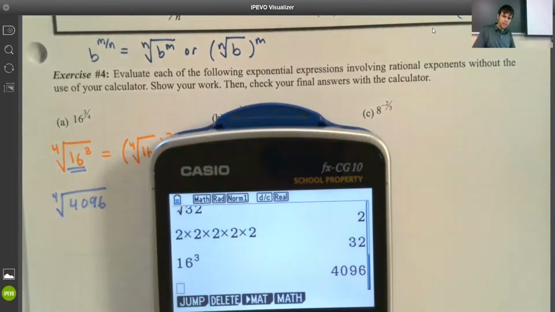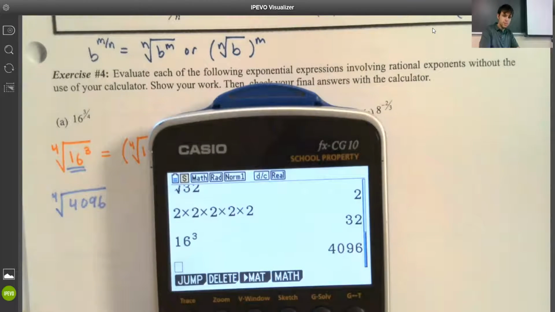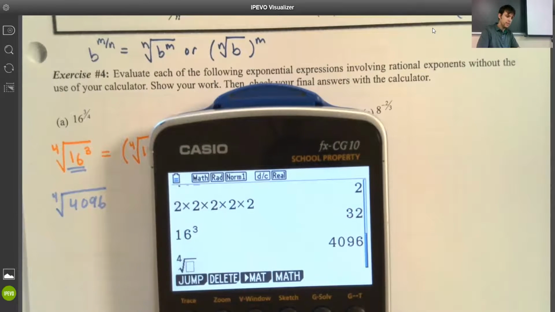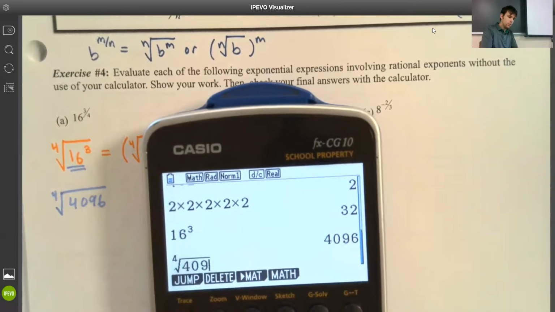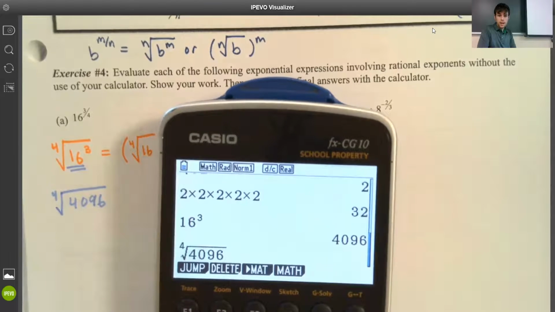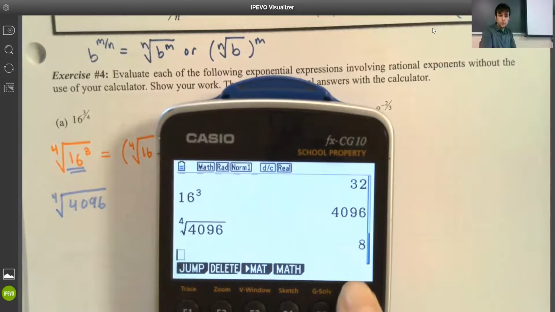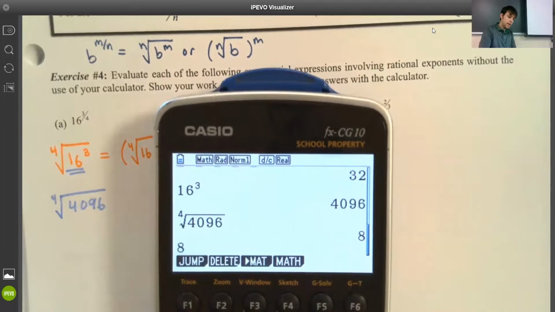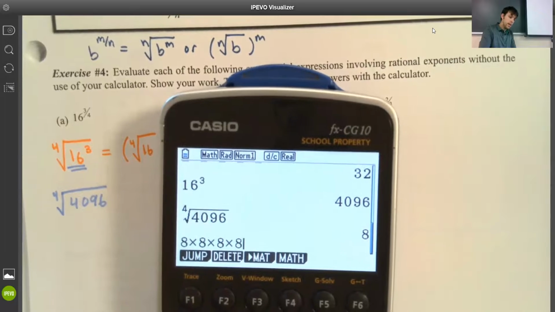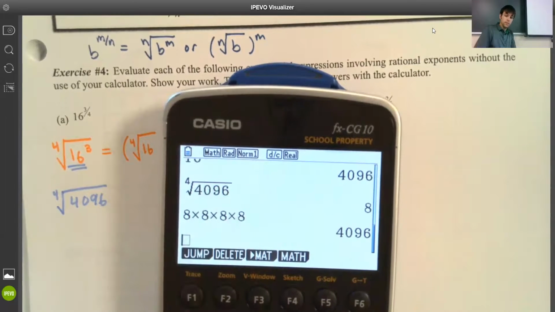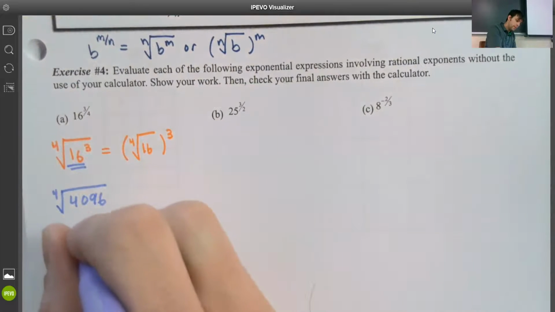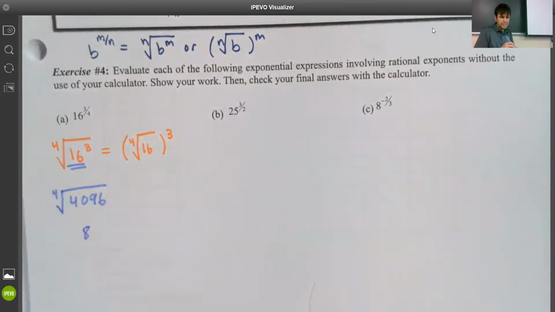I can use my calculator, but again, I may not want to be relying on this. So again, this is why this order for this particular problem is not that great. Well, turns out it's 8. If we do 8 times 8 times 8 times 8, it's the same thing as 4,096, or 8 to the 4th, right? So this is equal to 8. But again, it's not great.